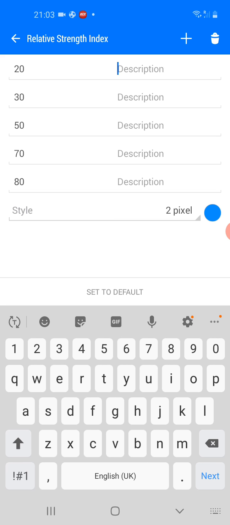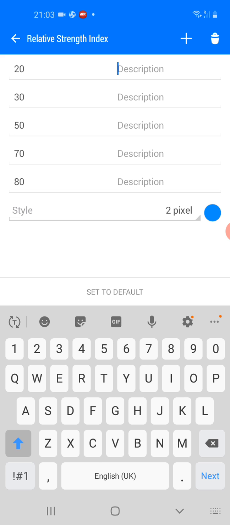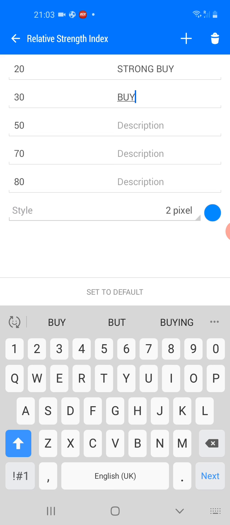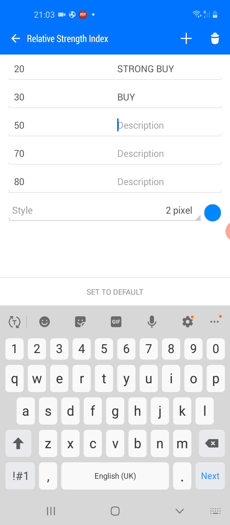So this is the strong buy level, that is the 20. The buy level, that is the 30.